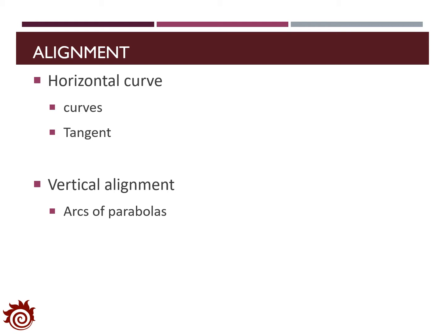For example, if we consider two segments, one is from A to B, the other one is from C to D. The horizontal curve will connect the point B to C, and the two segments AB and CD were tangent to the horizontal curve, while the design for the vertical alignment is a little bit different.